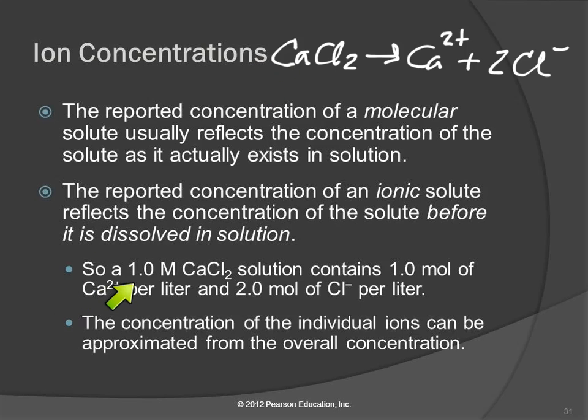So if we had 1 mole per liter of calcium chloride, we'd have 1 mole per liter of calcium and 2 moles per liter of chloride. So the concentration of the individual ions can be approximated. We can't know exactly. In Chem 2, you learn a lot more about that. For now, we'll settle with approximate. And this whole ion concentration thing is, at this level, a minor point.